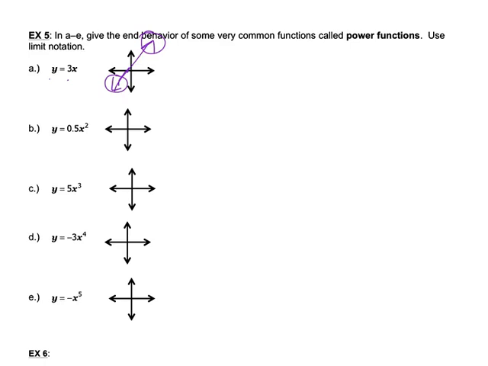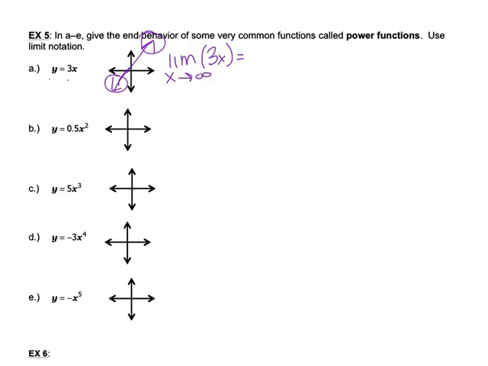So if I look at this, let's talk about as x approaches infinity. Using limit notation, I would write that the limit of this function, so this function isn't named, so I can just write the function itself, which is 3x, as x approaches infinity.